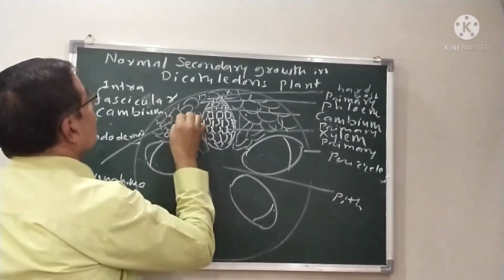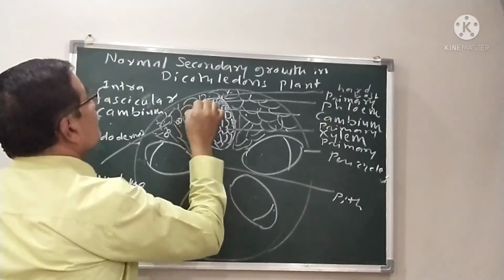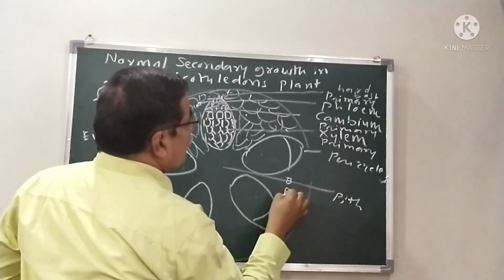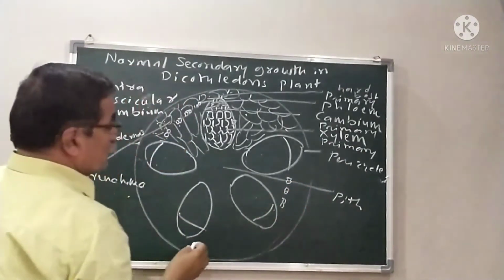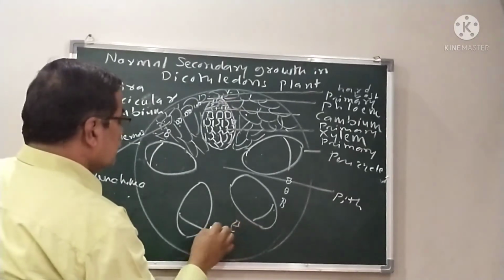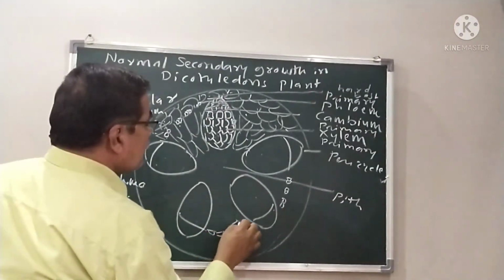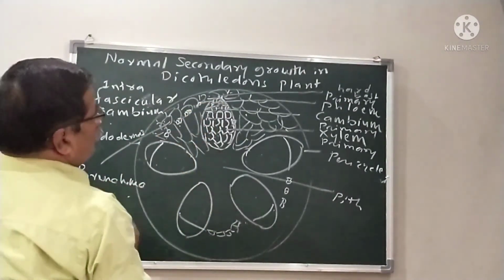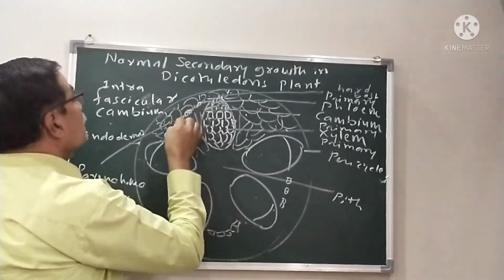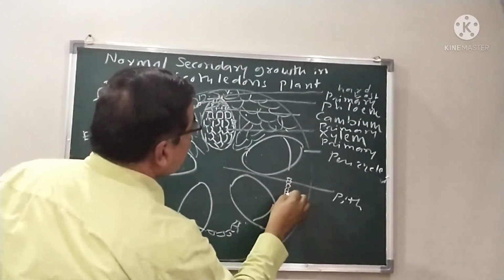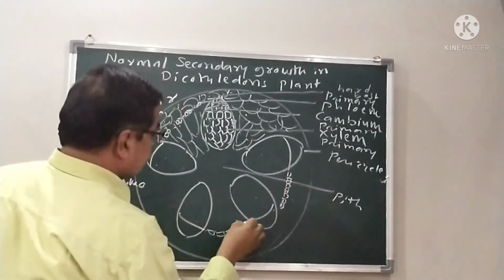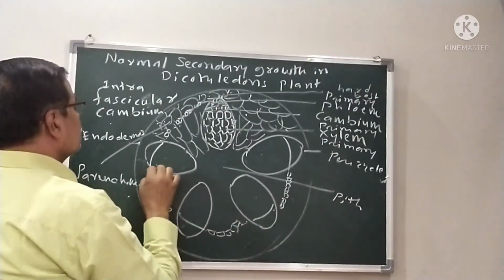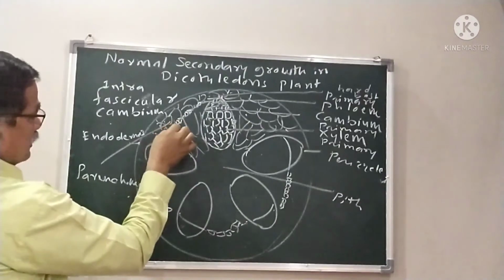Isolated small patches of cambium group together and later join to each other. First of all, isolated patches are found, and the parenchyma tissue joins to each other.